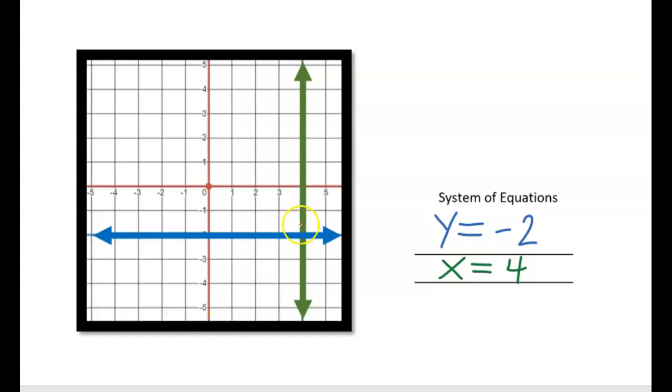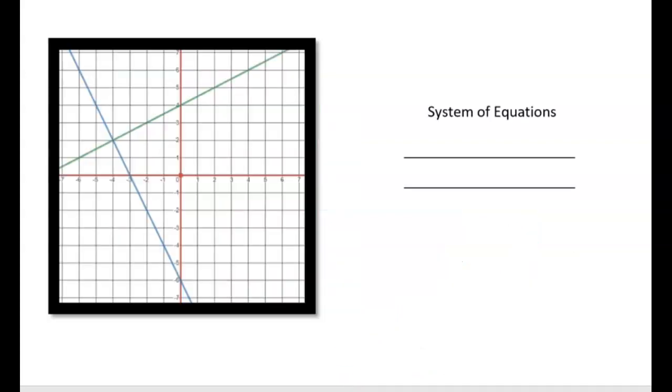Right here. Oh, it went somewhere. That little box right there is the symbol for a 90-degree angle. Okay? But what if they're not straight up and down?